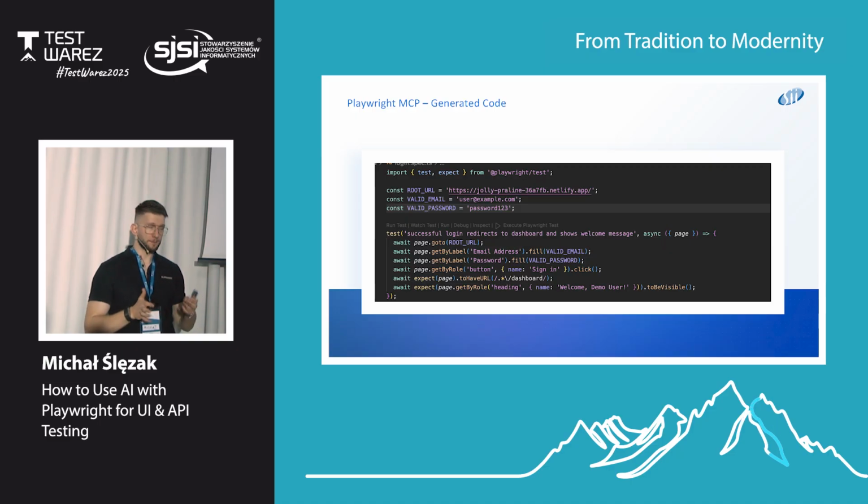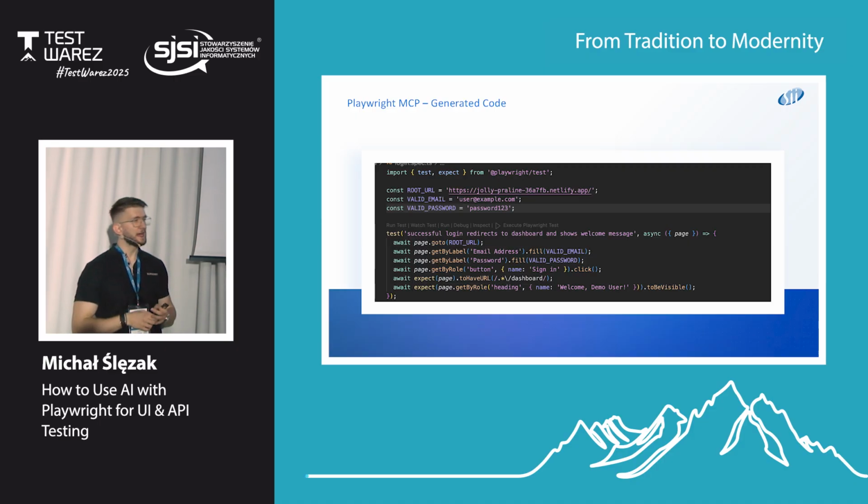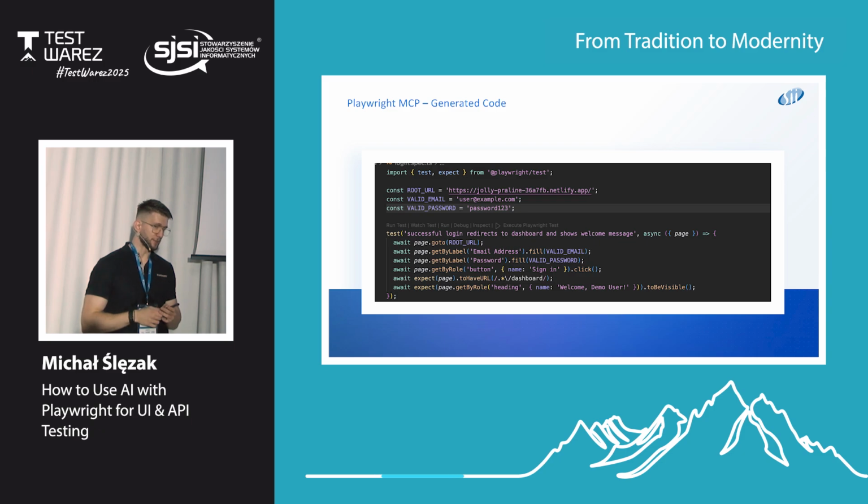MCP can be used with Playwright for experiments, like trying to generate a page object, because MCP has the entire HTML code and accessibility tree, and then we can get a proper page object, but we still need our technical knowledge.